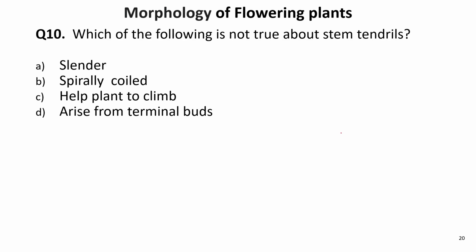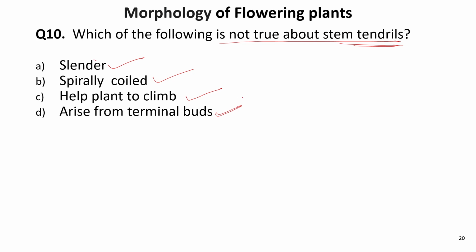Okay. Next question. Which of the following is not true about the stem tendrils? So if we see these characteristics, which do not favor the stem tendrils: slender, meaning smaller in size; spirally coiled; help plant to climb; arise from the terminal buds.